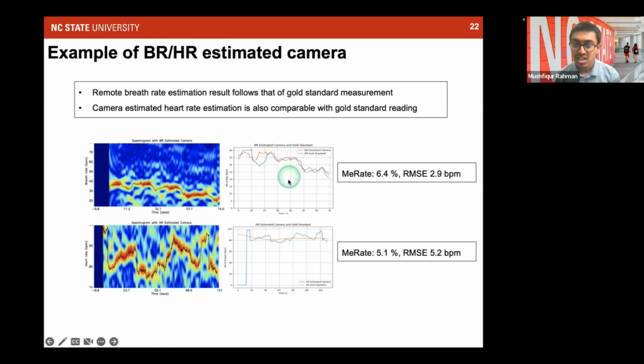The result follows the gold standard device's result, with a mean relative error rate of 6.4% and a root mean square error of 2.9 breaths per minute. For heart rate measurement, in this case we have a mean relative error rate of 5.1% and a root mean square error of 5.2 beats per minute for this video.